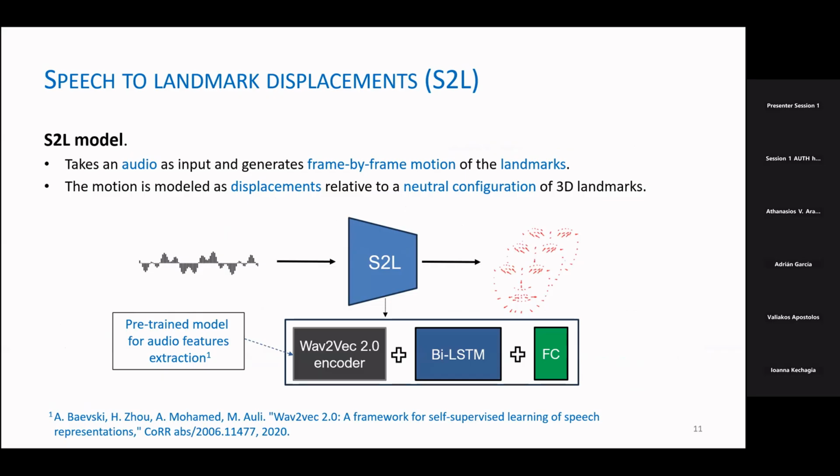So we have an encoder, a feature vector that represents the input speech. Then this is the input for a bidirectional LSTM, and then we have a final layer which is capable of animating the displacements of the landmarks.